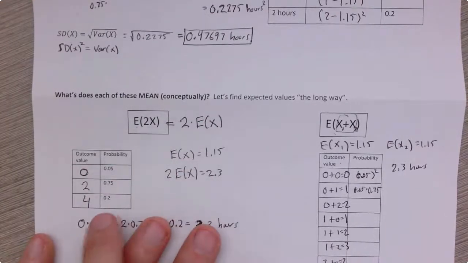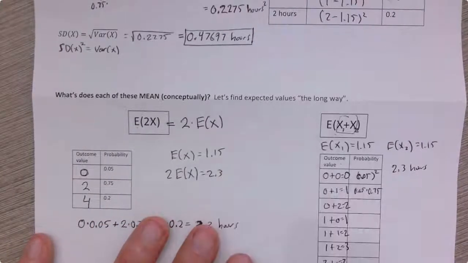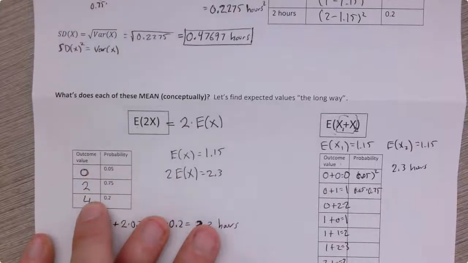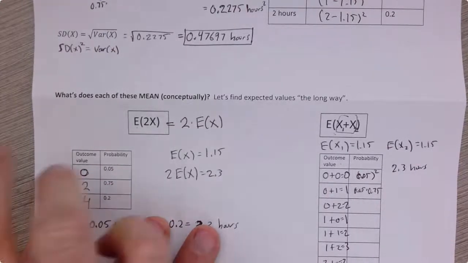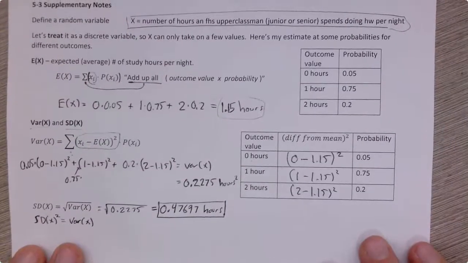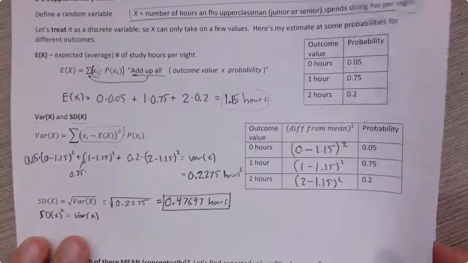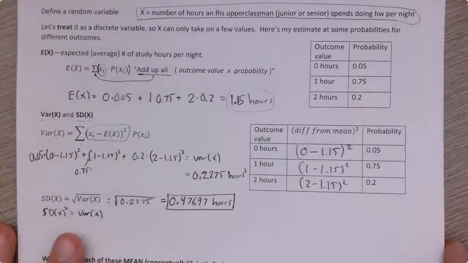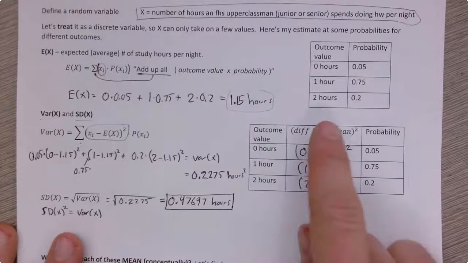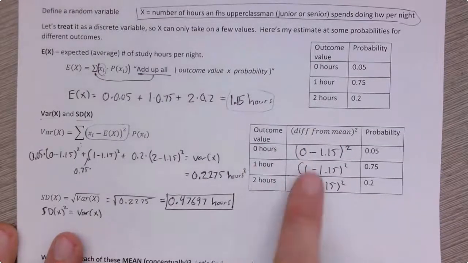You can always write it down in a table. If you're not sure what to do, write a table where you ask yourself, what are all the outcome values, what are their probabilities, and now you can start filling things in. When you read a problem, there will probably be some random variable, but then they might try to make it more complicated. Maybe it's hard to figure out what all the outcomes are.